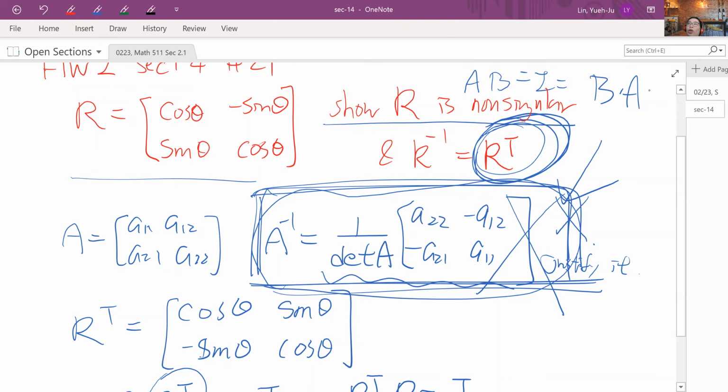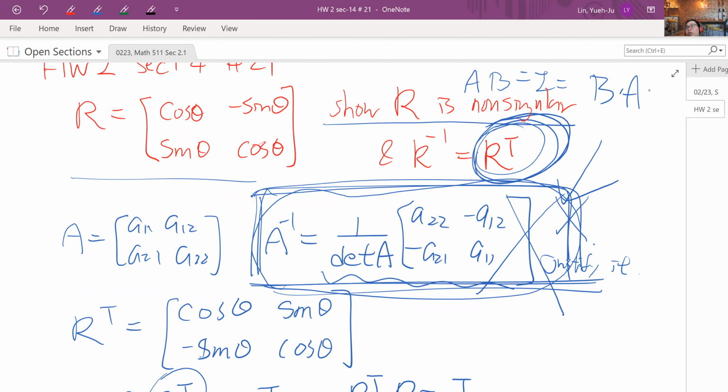Mathematically, this is not wrong, in the sense that this formula is correct because people have already proved it somewhere else. So mathematically it's not 100% incorrect, but logically, it's not the right move to do it at this point.